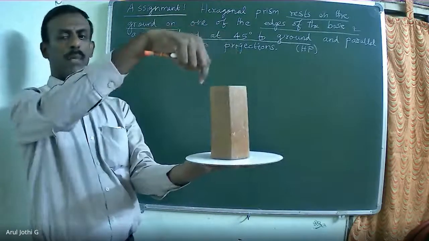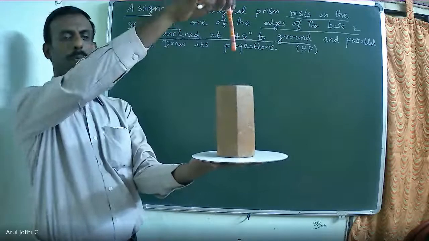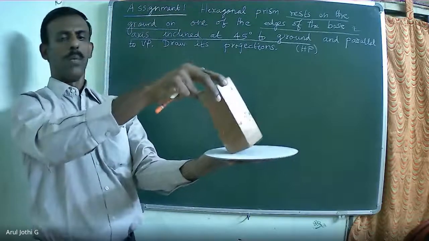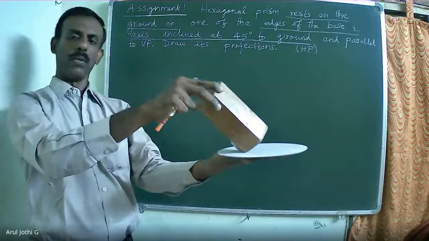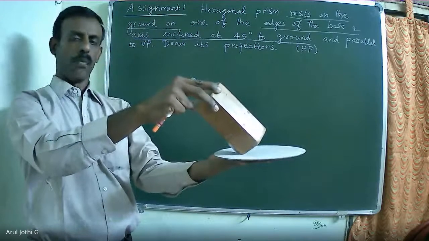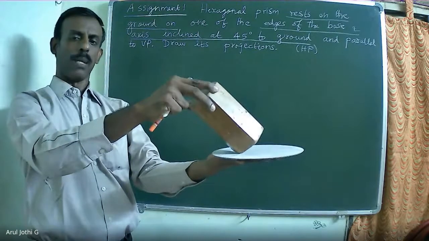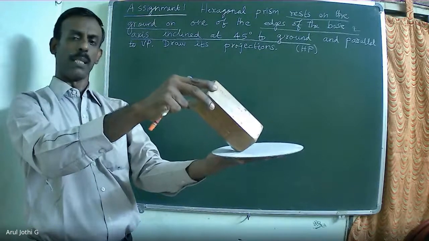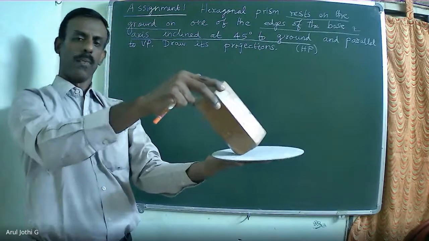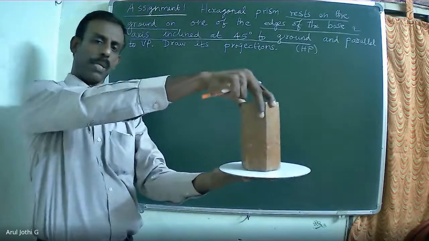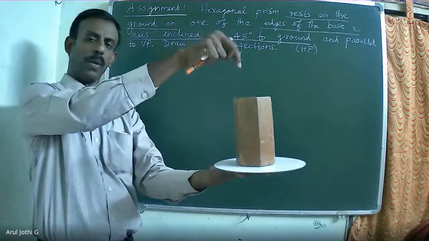This hexagonal shape will be visible in the top view when the axis of the prism is inclined to HP. We start the diagram in the top view because the axis is inclined to HP.